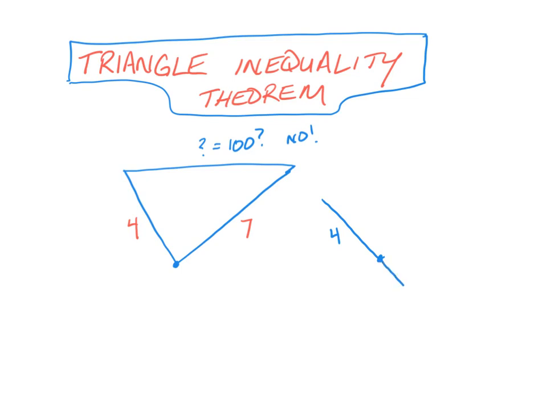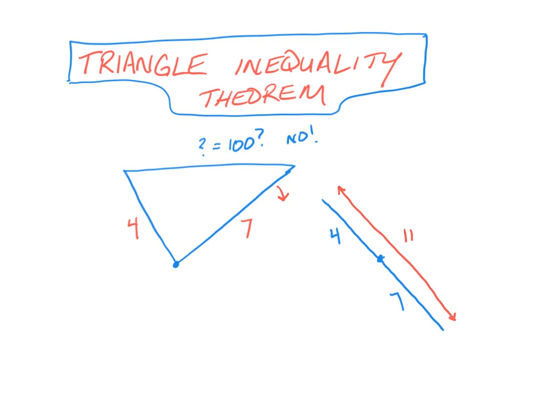So it's a perfect straight line now. That line is only how long? This line's only 11, right? It's only 4 plus 7 long. So I can't put 100 here because once this opens up, the widest it's ever going to be is 11.